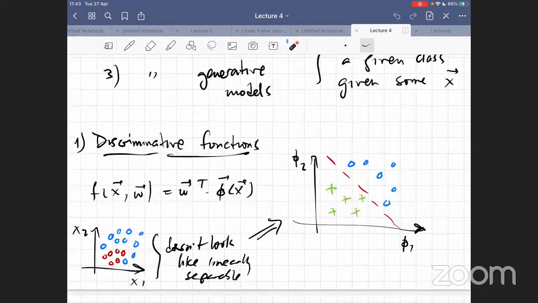When you define a line here, then, let me see, this is a good thing to do, because I think we didn't do it.